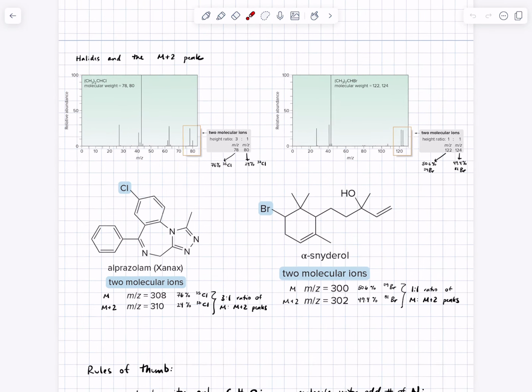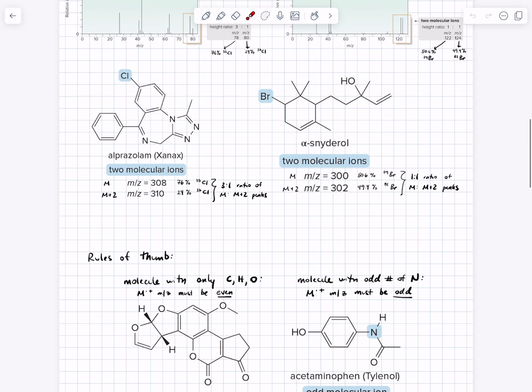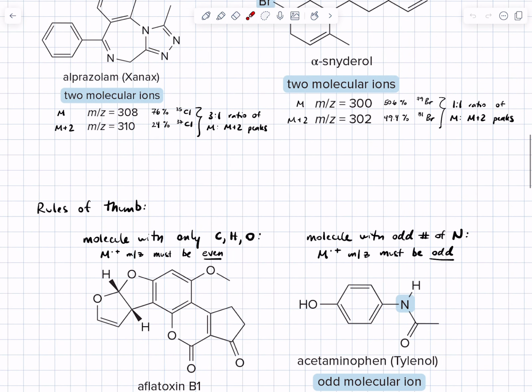A couple of other interesting rules of thumb. This one, I don't know if it's worth memorizing, but your text points it out, so I'm going to share it with you, and then you'll know that you've heard it. As long as you're dealing with molecular weights of atoms as whole numbers, hydrogens 1, nitrogens 14, oxygens 16, in a molecule with only carbons, hydrogens, and oxygens, the mass of the molecular ion has to be even.